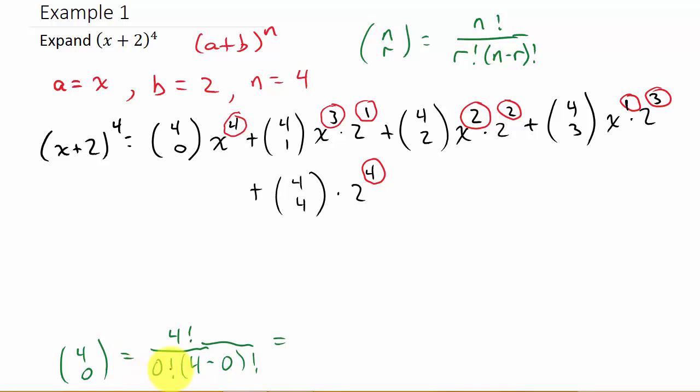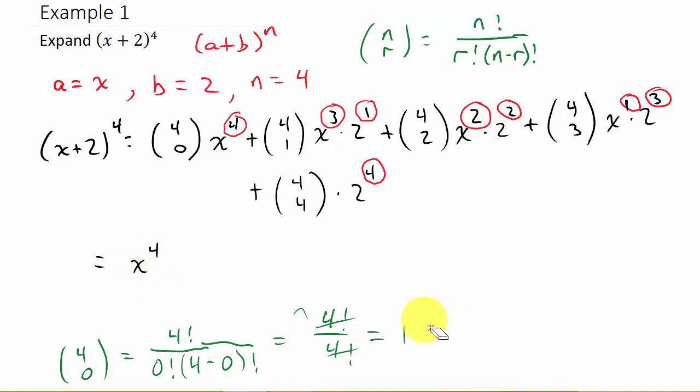Well, 0 factorial is 1, and then 4 minus 0 is 4, so that's going to be 4 factorial over 4 factorial, and in that case it's 1. See, the 4 factorials just cancel out. So we've got this as 1, so this is going to equal 1 times x to the 4th, which is x to the 4th.